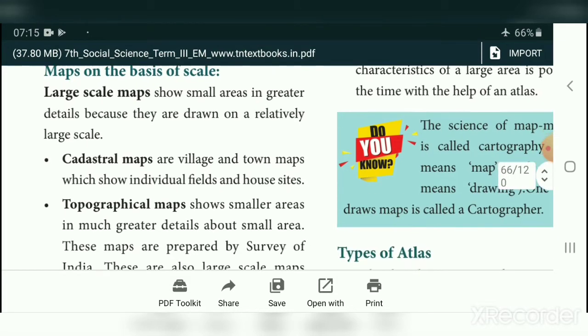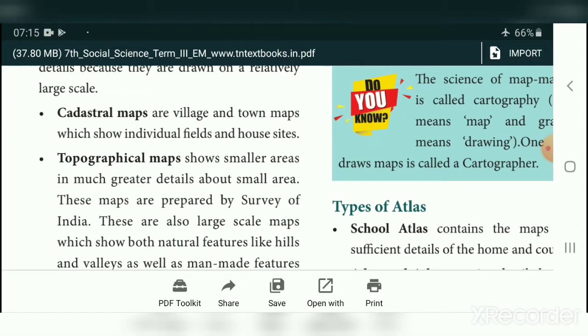Cadastral map or village and town maps. Note this one because it will come for one word. It shows individual fields and housing sites. We can see individual fields and housing plans on a paper.